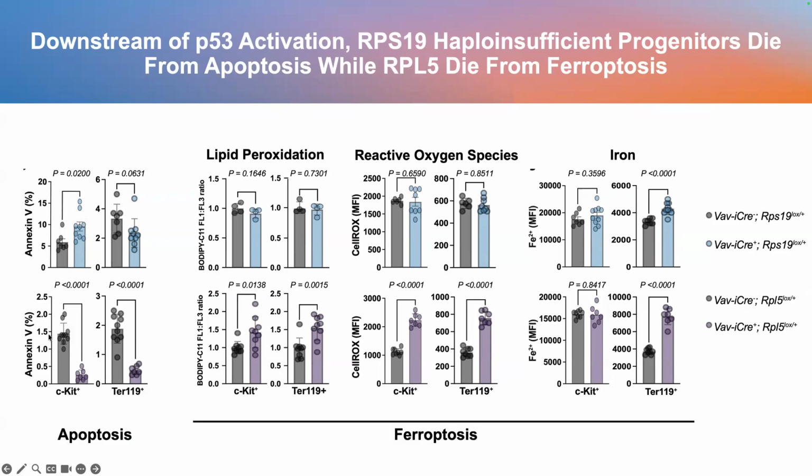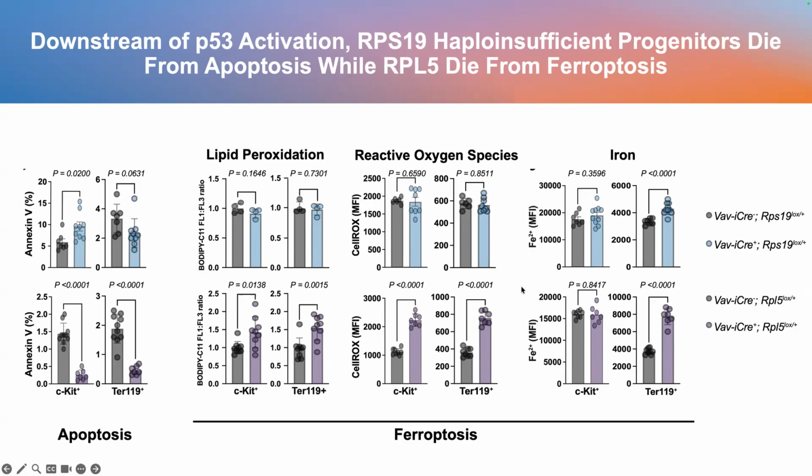However, in the RPL5, there is absolutely no apoptosis. It's actually decreased, and we have other markers, of course. However, when we started looking at the markers for ferroptosis, we observed an increase, both in the c-KIT and in the TER119, even more.